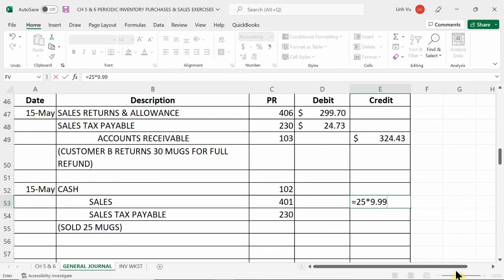How much is my total sales if I sold 25 mugs at $9.99? $249.75. Good. So then how much tax am I going to collect?